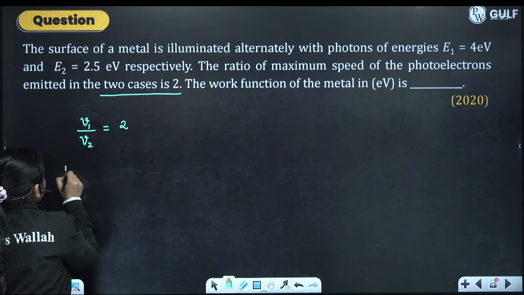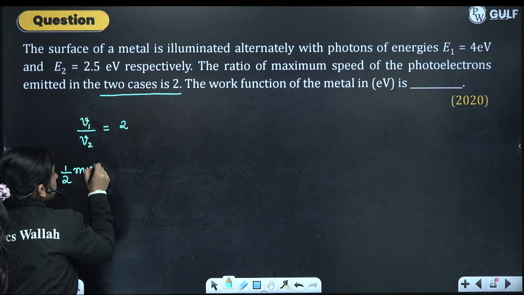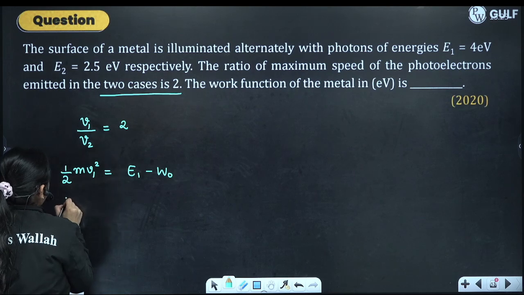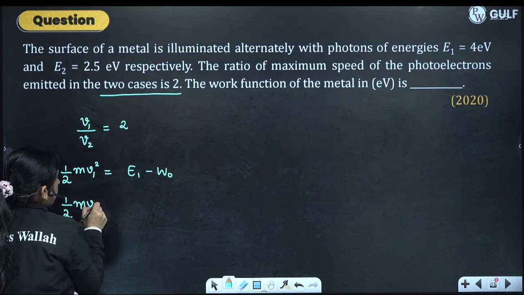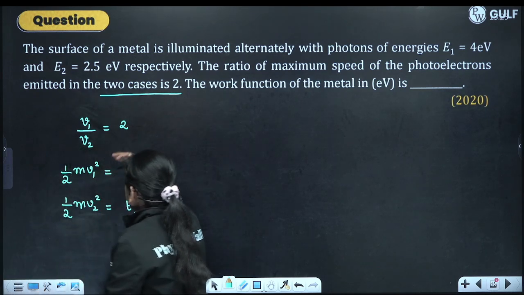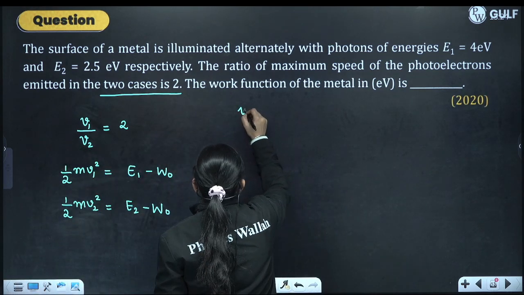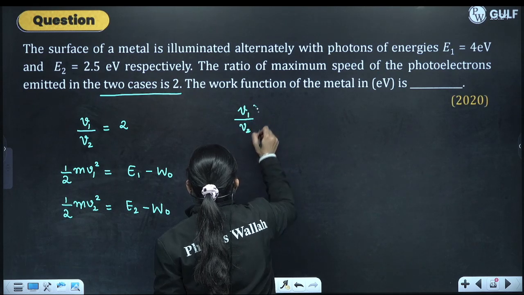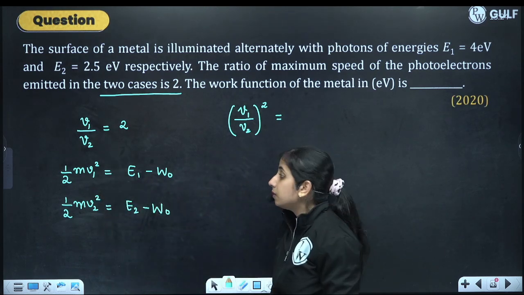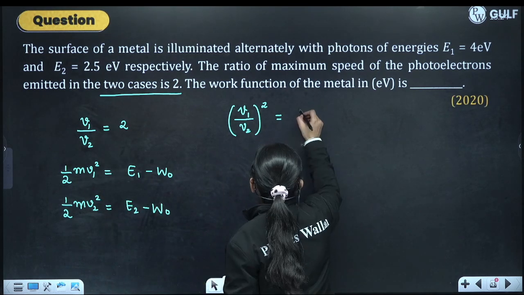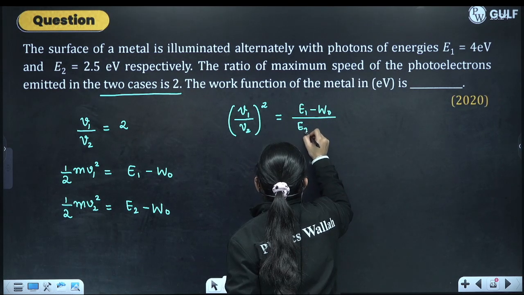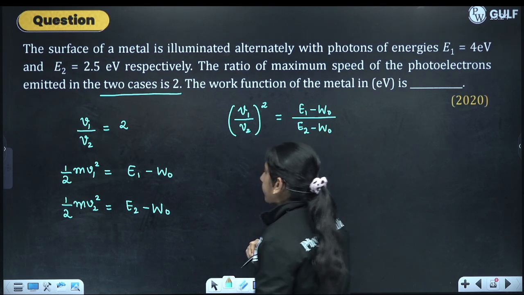Now if we write half m V1 square, this is equal to E1 minus W naught, and half m V2 square will be equal to E2 minus W naught. Now divide the two equations. Half m gets cancelled, V1 by V2 whole square will be equal to (E1 minus W naught) divided by (E2 minus W naught).